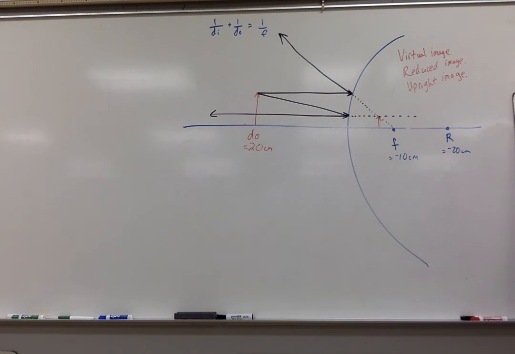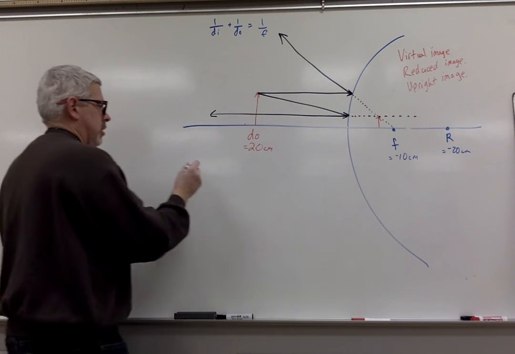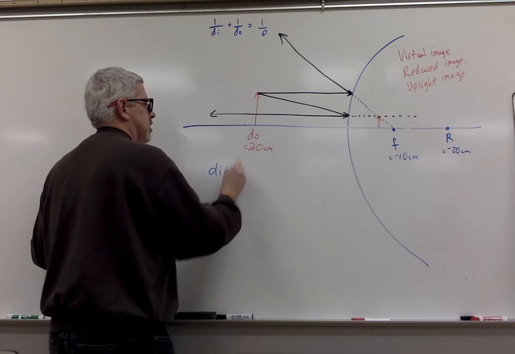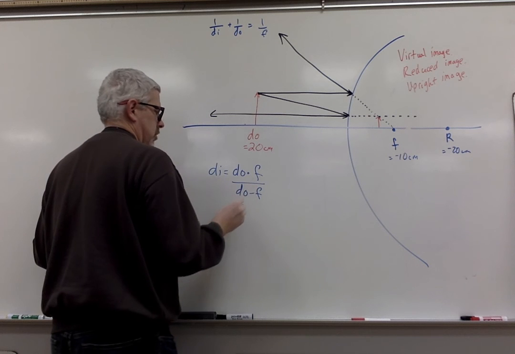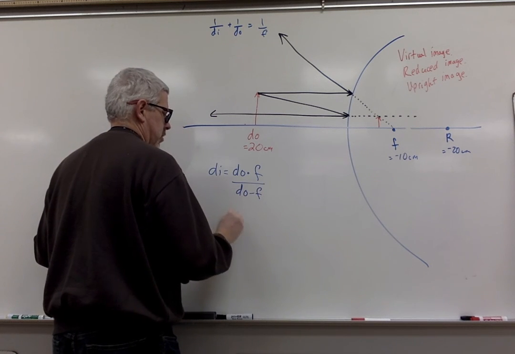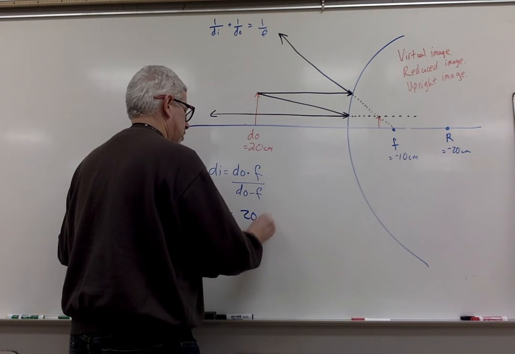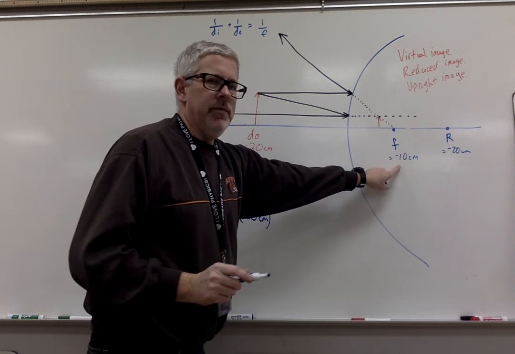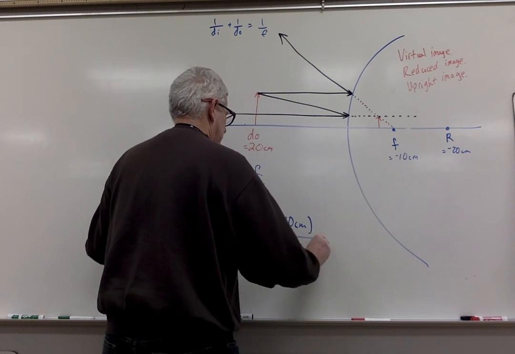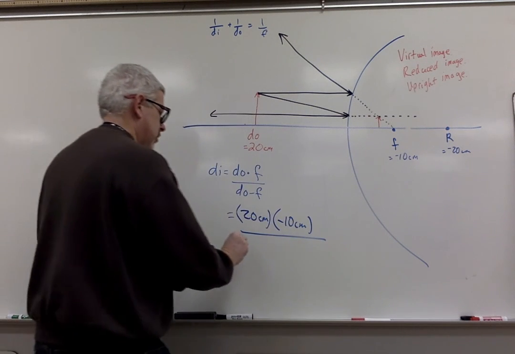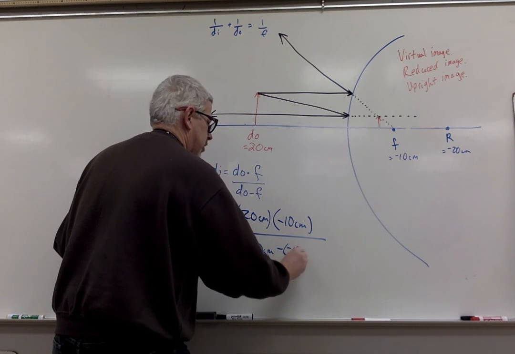So let's go ahead and calculate that. If I use the version of the formula that I've had before, which is d_i equals d_o times f over d_o minus f, my object distance is 20 centimeters. My focal length is negative 10 centimeters. That's important. d_o minus f: 20 minus a negative 10 centimeters.